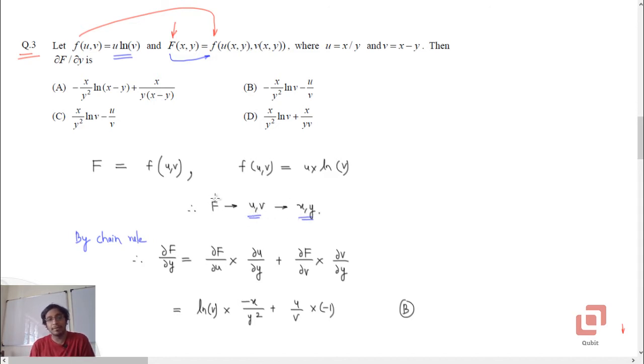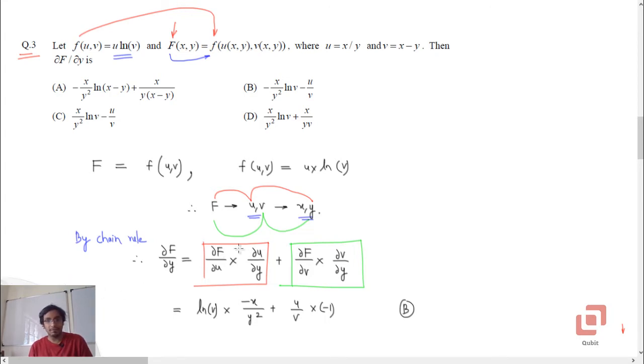So it will be ∂f/∂u into ∂u/∂y, that is this term, plus ∂f/∂v into ∂v/∂y, that is this term. Now let us go to ∂f/∂u.